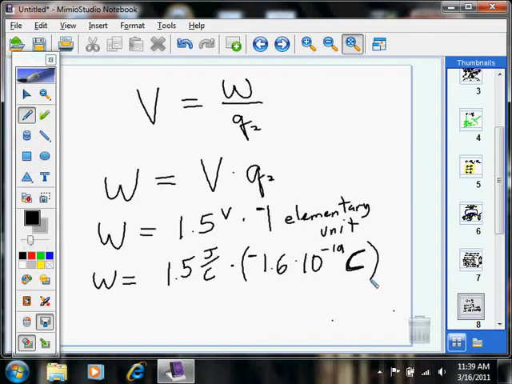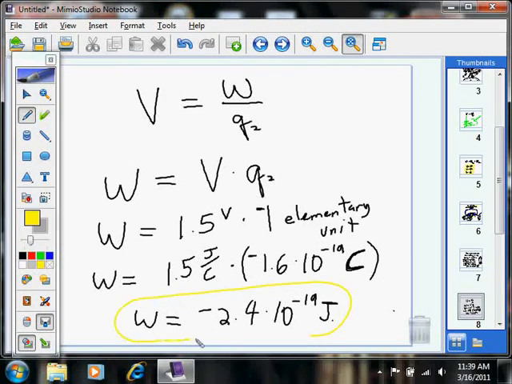How much work does it take? Oh, 1.5 joules of work per each coulomb. And if you multiply that out, what do you end up getting? Little help? Robbie? And don't worry about the negative sign there now.